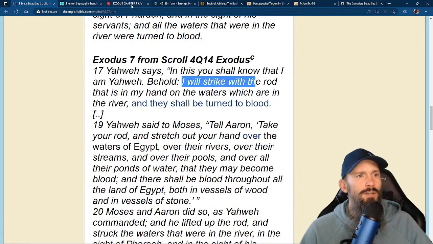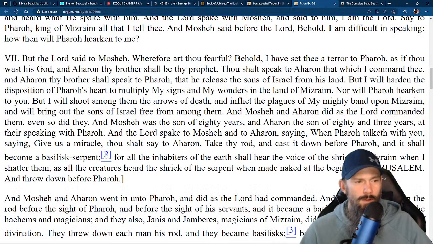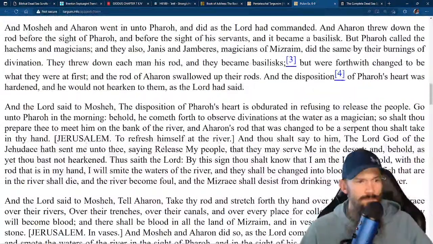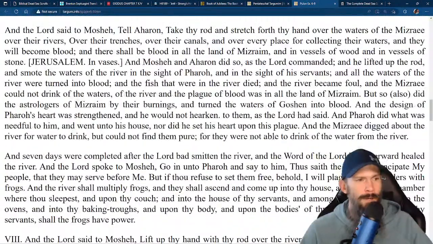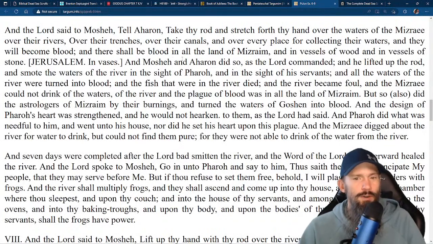Verse 17. Don't have verse numbers in here. It's hard to find where you're at.